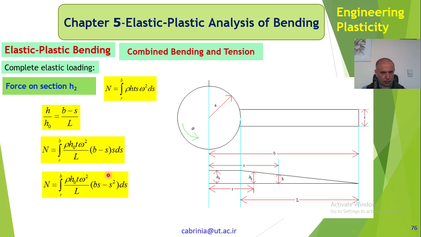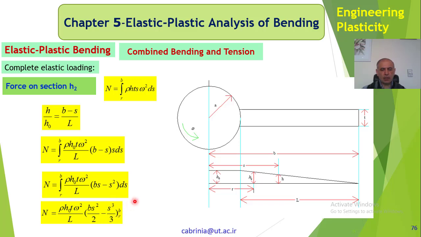So if I simplify this a bit, I get rho H0 t omega squared over L times (bs minus s squared) ds, and therefore I can integrate it between R and B. Everything that is constant, rho H sub t omega squared over L, comes out of the integration, and I integrate bs squared over 2 minus s cubed over 3.